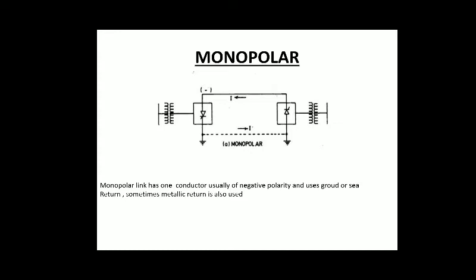Okay, so for a circuit to complete we need a closed path, but in this case we can see that both on the left side and on the right side it is not a closed path, but it is grounded, and current is flowing from right side to left side.